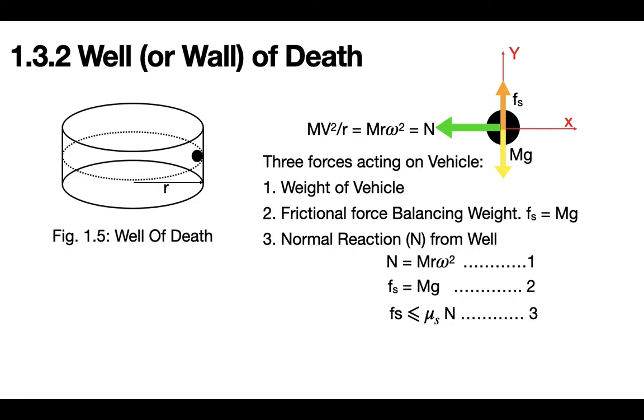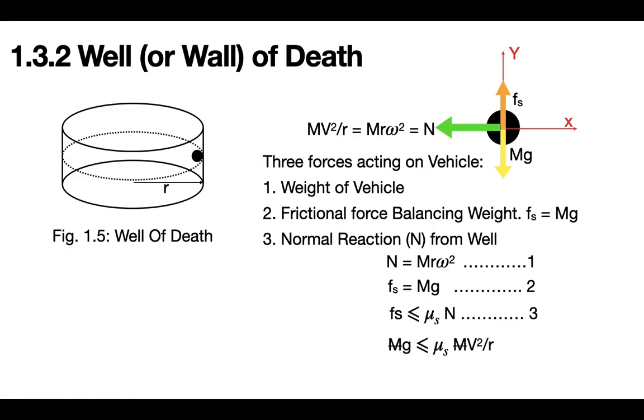So the friction force is always less than or equal to mu into N, where N is the normal reaction, because that's the maximum you can get as a frictional force. So Fs is not more than mu s N; it has to be a little bit less than that.